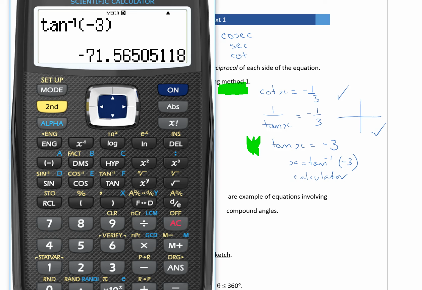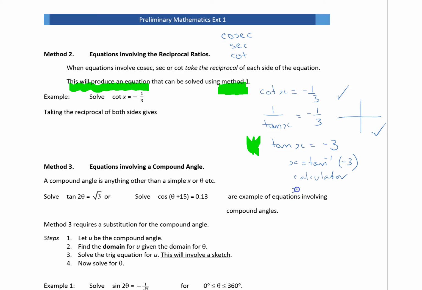It's actually giving me the value of the angle in the fourth quadrant. However, I'll call it -72. So x by my calculator is -72.